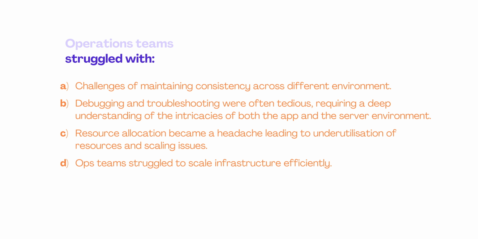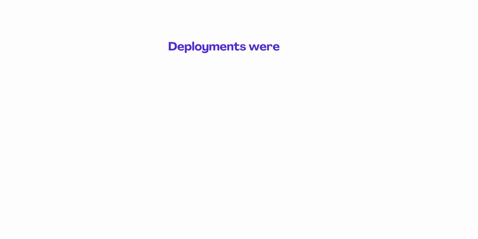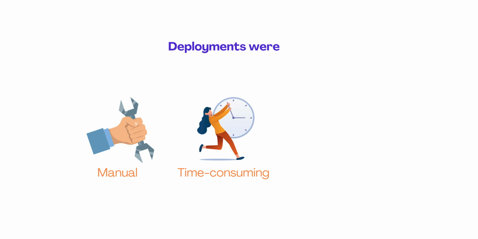Operation teams struggled to scale infrastructure efficiently. And lastly, physical servers were costly to maintain, and they also lacked flexibility, resulting in significant financial overhead. In summary, deployments were manual, time-consuming, and error-prone.